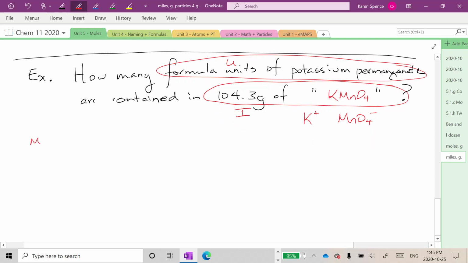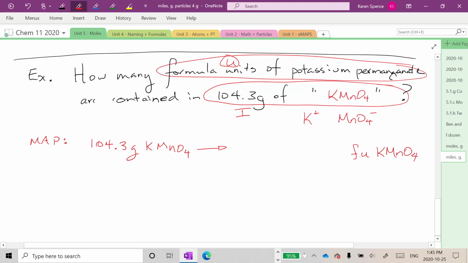So in our little map, we are starting with 104.3 grams of KMnO4, and we're going to convert that into something, and eventually we want to get to formula units of KMnO4.